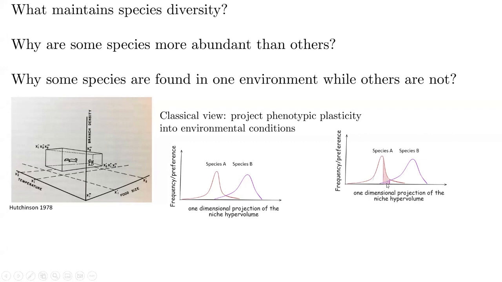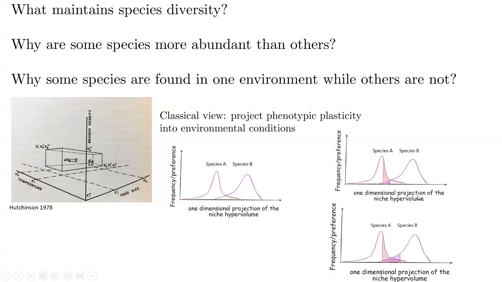Then you would predict that species A would grow in it. Species B can live in it, but it would likely be outcompeted by species A. So where there's this overlap, one species outcompetes the other. But you can have something like this, where you would have coexistence. One species would be more dominant than the other, but you would still have coexistence.